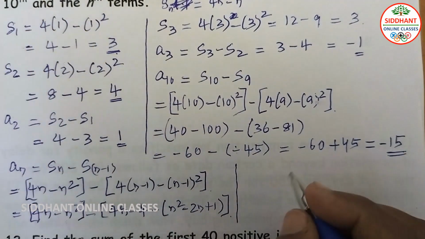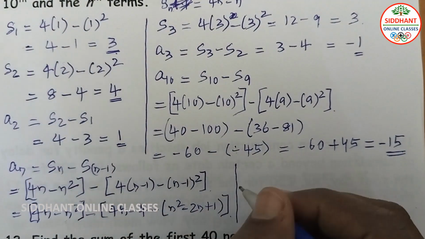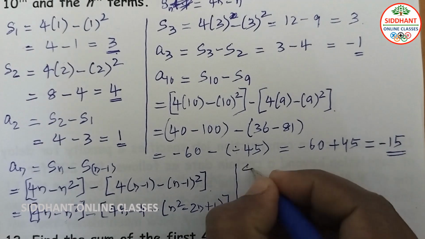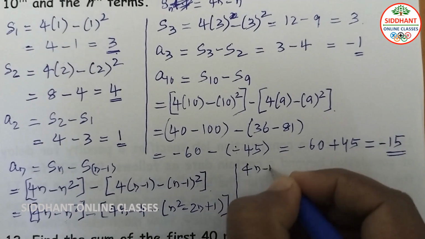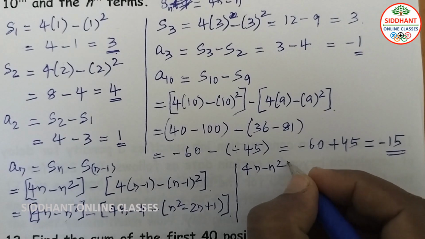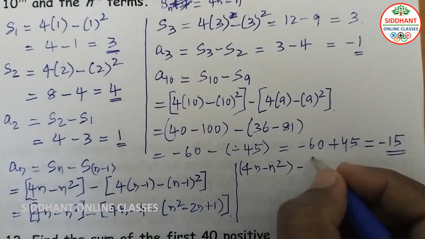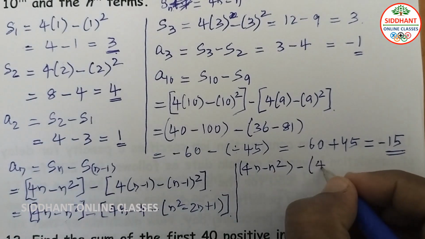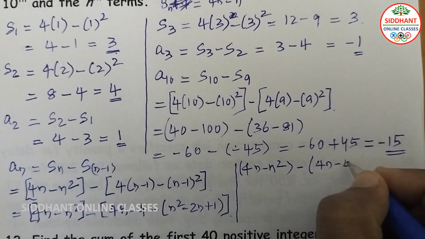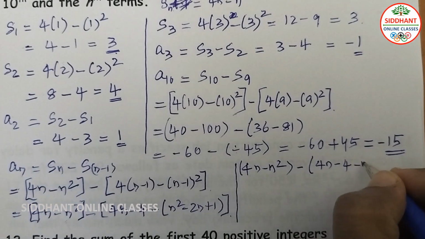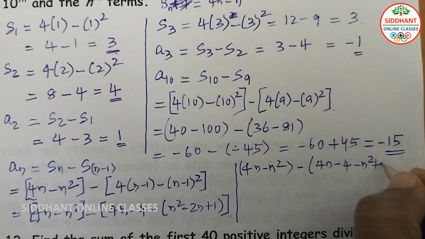So now 4n minus n square minus, here 4n minus 4 minus n square plus 2n minus 1.